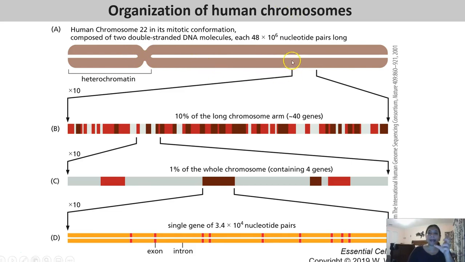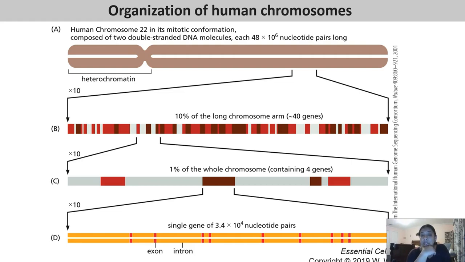If you were to magnify a portion of it and look at just 10% of chromosome 22 in the long arm, that region contains about 40 genes. That's a whole lot of genes.